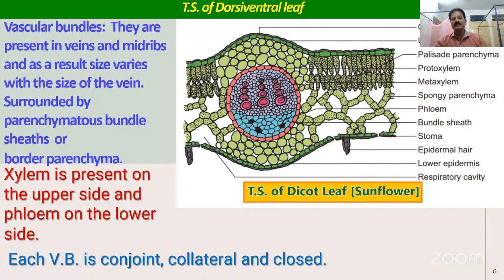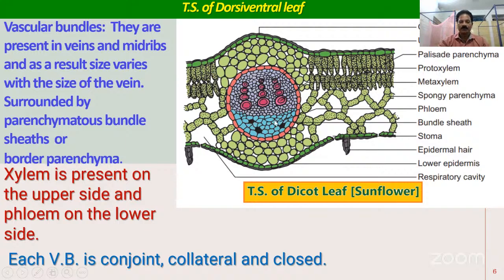The food materials synthesized by the mesophyll cells, the palisade parenchyma and spongy parenchyma, are prepared by photosynthesis. The end product is glucose, which is transported to different parts of the plant body through the phloem.